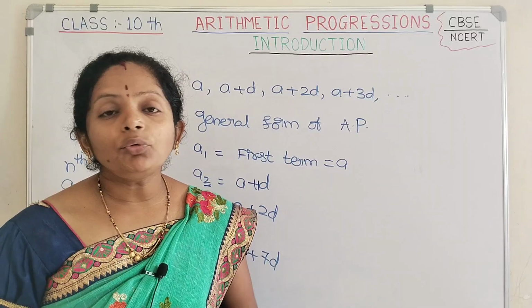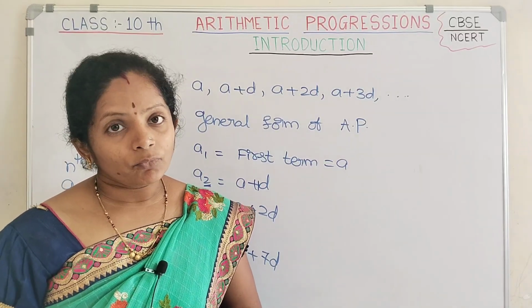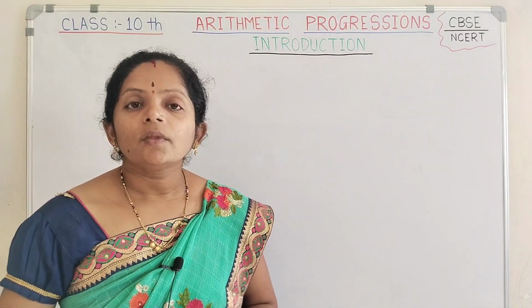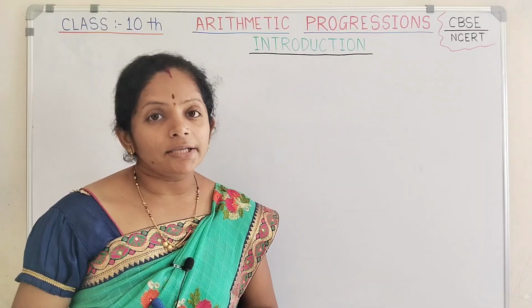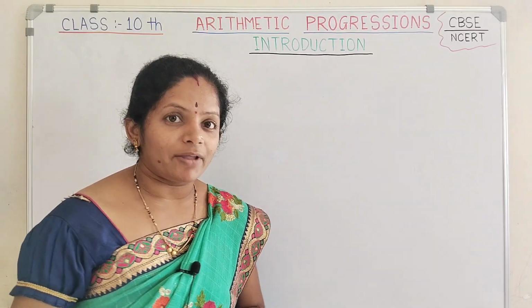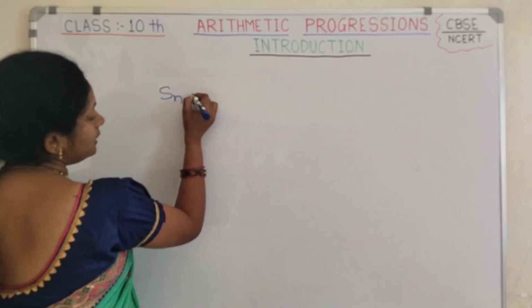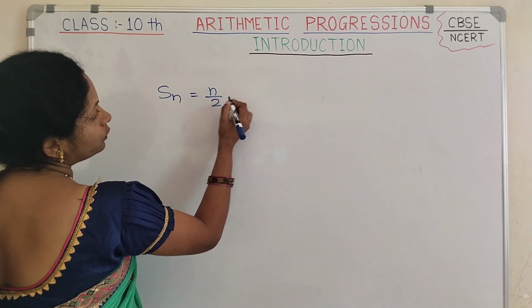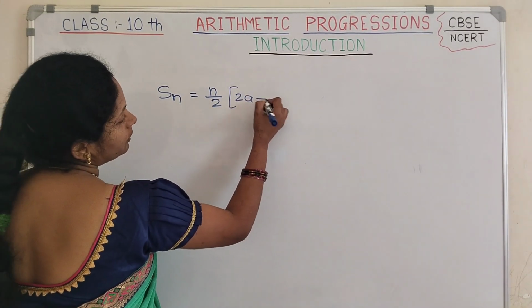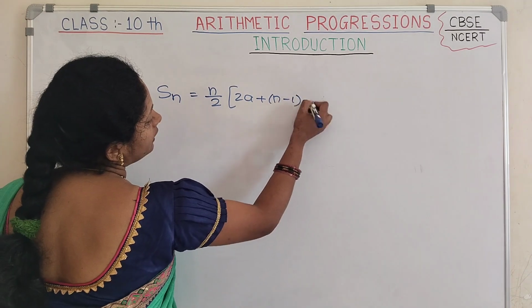In this way we can calculate the nth term of an AP. Let us see how to get the sum of an AP. The sum of the first n terms of an AP is given as Sn is equal to n by 2 into (2a plus (n minus 1) into d).